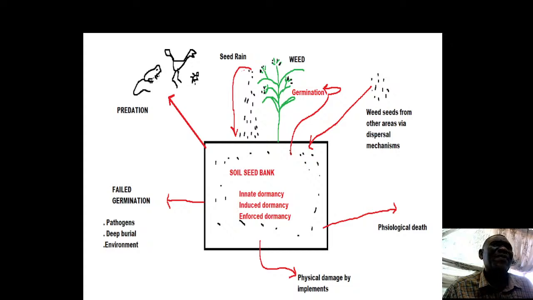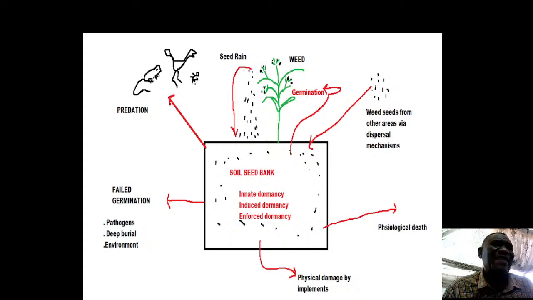Then we have predation. Predation, you have got animals which can eat this seed. Some seeds may attempt to germinate, but they will fail. Some may be affected by pathogens.